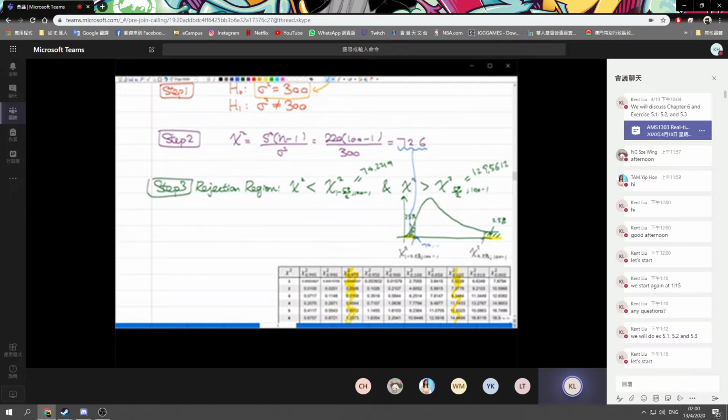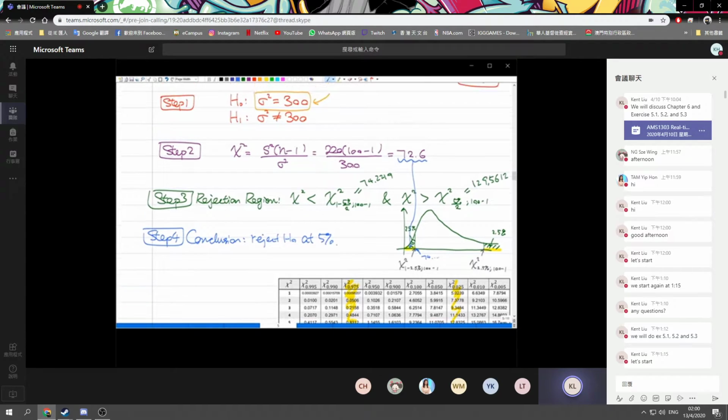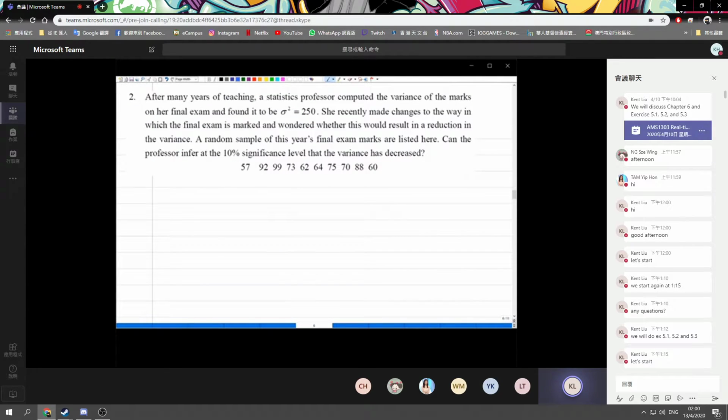So our statistic is in it, and in our conclusion we will say reject the null hypothesis. In other words, we have reason to believe that the variance is not 300. All right, so this is how we do this test. Let's move on to question 6.